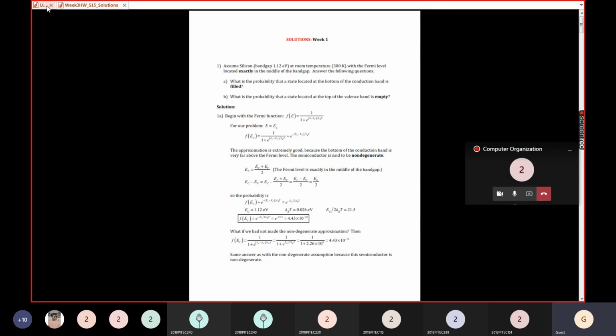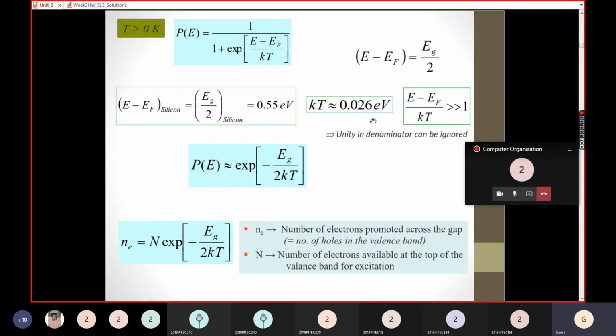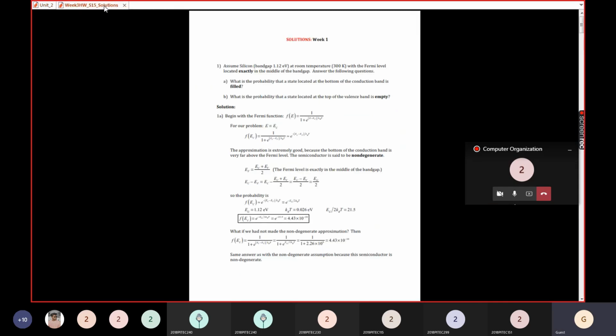That's why I have given the values directly here itself. So if you didn't note down, please note it down in your notebook. The value for Eg by 2 in case of silicon is 0.55 and the value for kT in the denominator is equal to 0.026 electron volts.